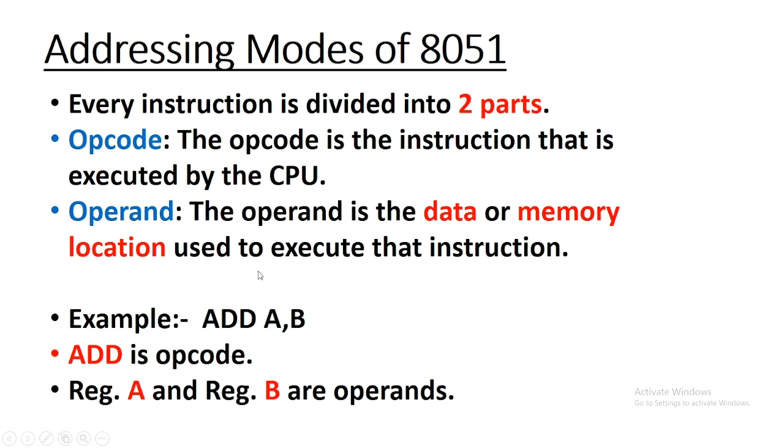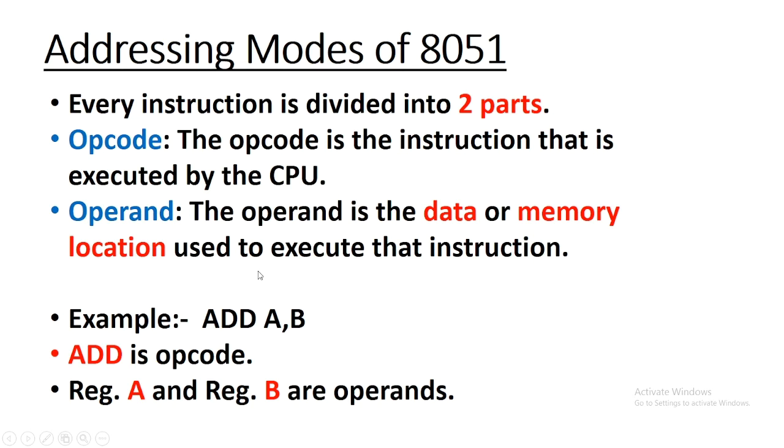So opcode tells the microcontroller what to perform, and operands are what to perform it on. Operands are nothing but the data. In an operand there could be a source operand or a destination operand.